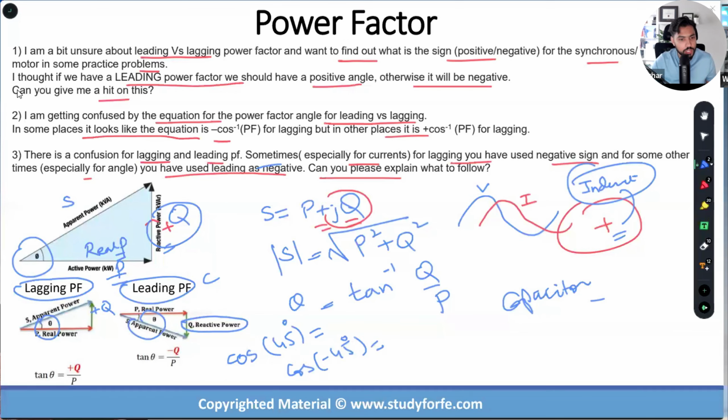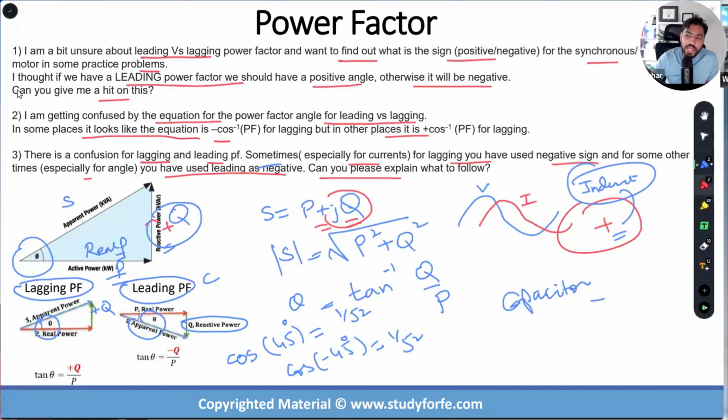I'm just going by my memory, and my memory is not great. Cosine 45, 0.707. So 1 divided by square root 2. And cosine minus 45 is also 1 divided by square root 2. Right?